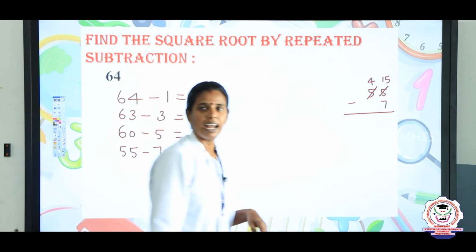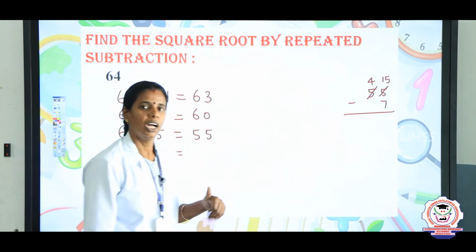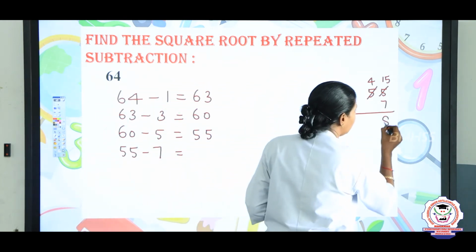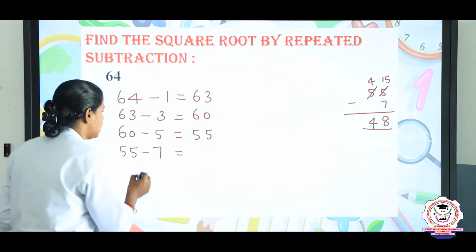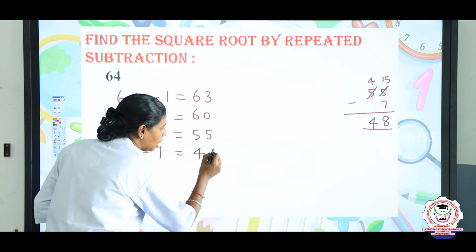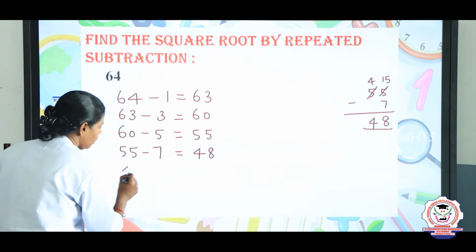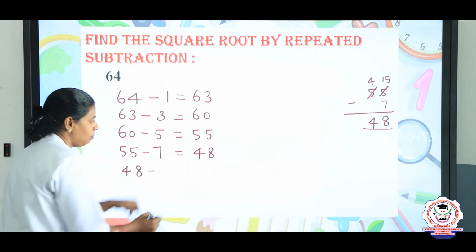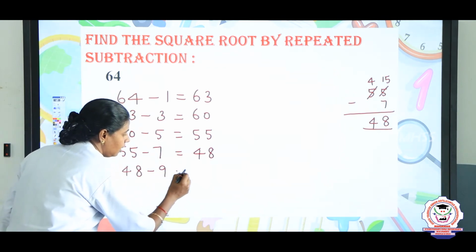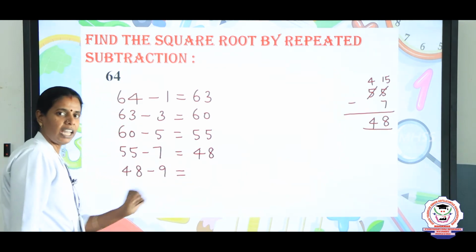What is the answer for 15 minus 7 now? Which is 8. The next number is 4. So 48. Now, the answer is 48. 48 minus, the next odd number after 7 is 9, so subtract 48 minus 9.